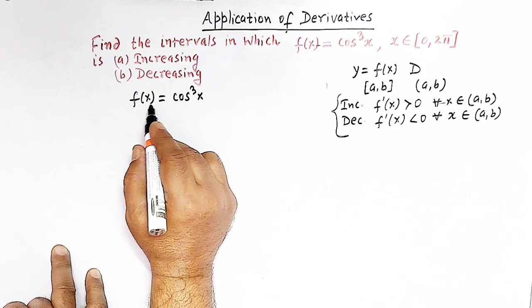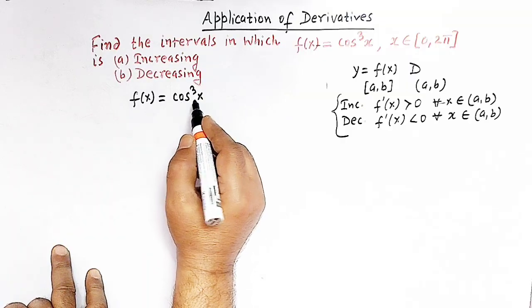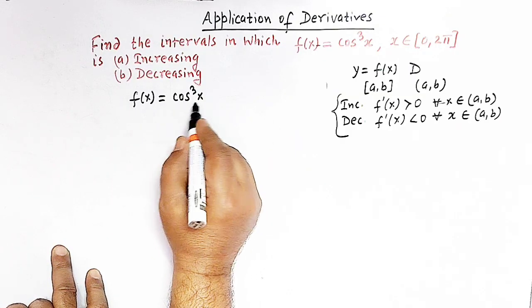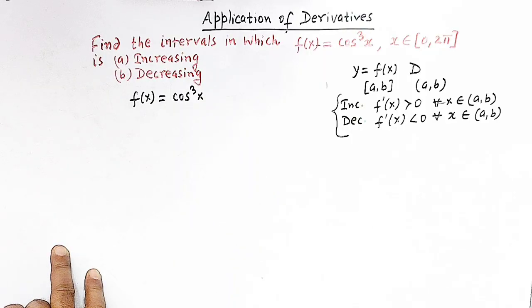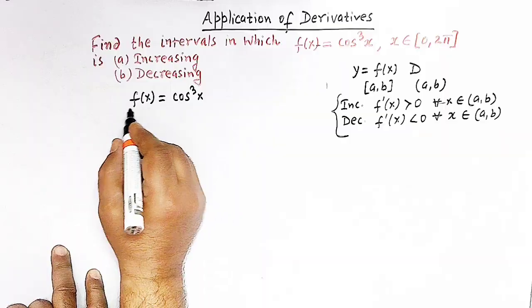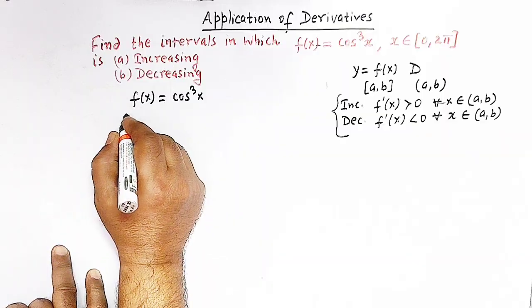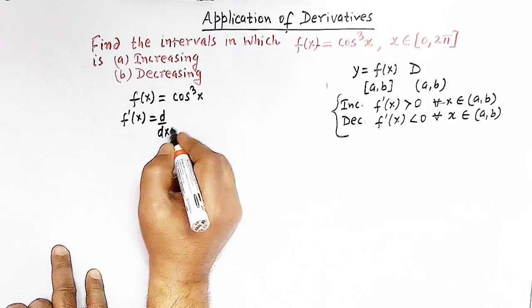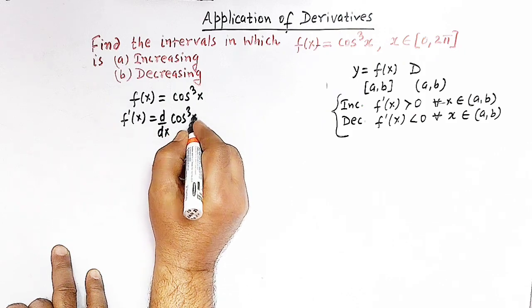So from this function cosine cube x, it is evident that the domain of this function is the set of all real numbers, right? So now let us find out the derivative of f of x. So f prime of x is given by d by dx of cos cube x.